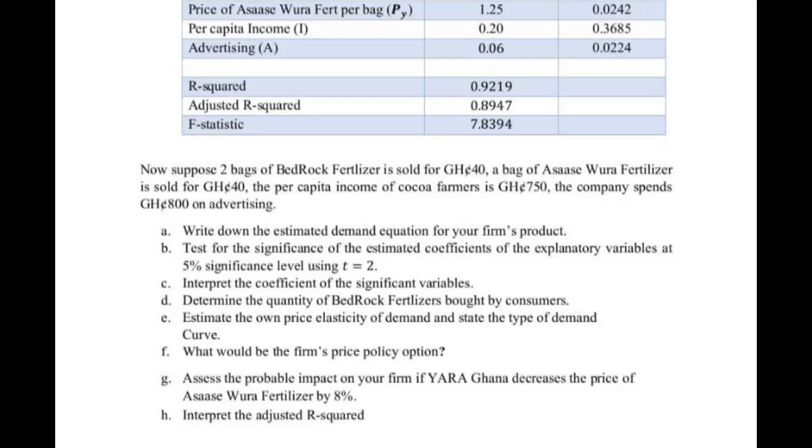So this is less, so it's inelastic. Then you are done. So that is the answer for E. Then we go to F. F says, what would be the firm's pricing policy option?